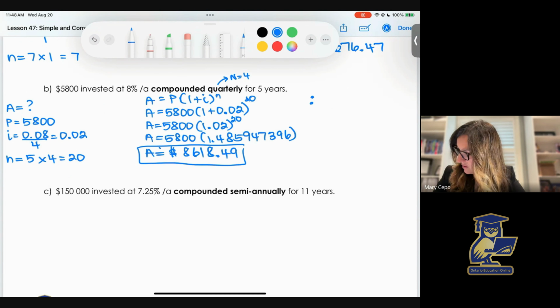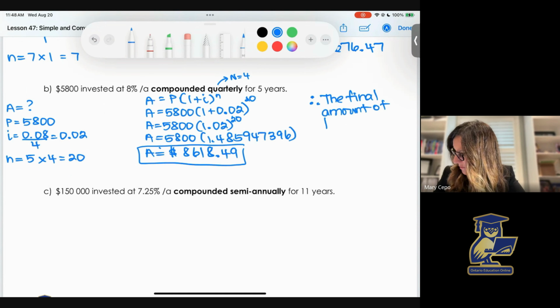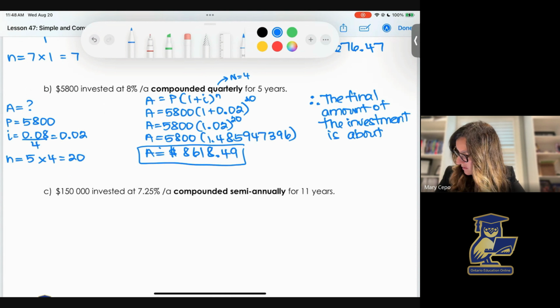So therefore, the final amount of the investment is about $8,618.49.